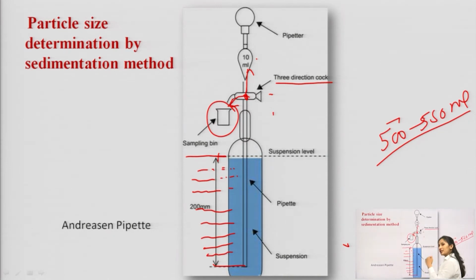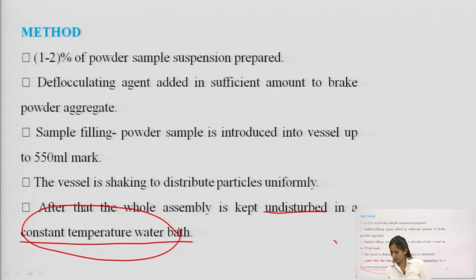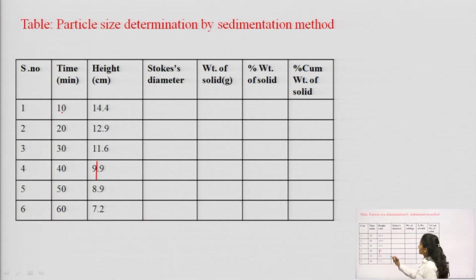In every subsequent withdrawal of 10 ml, there is a change in the sample height. This is the height of the sample liquid which you have filled in this. So you have to measure this change in height. So this is the height. This is the fixed time interval.